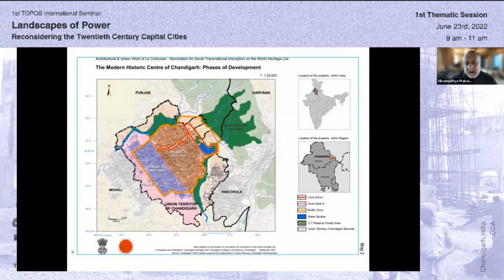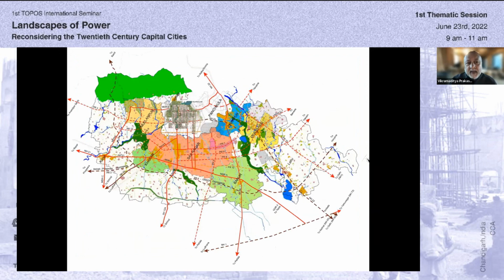And because nothing highly transformative can happen within the city, the area outside the legal city is now being developed by administrations, not those of the Chandigarh administration, but those of the state governments of Punjab and Haryana, who are capitalizing on this position of Chandigarh.